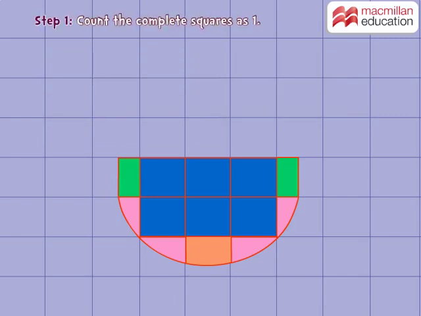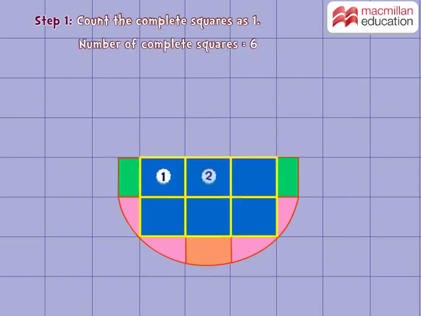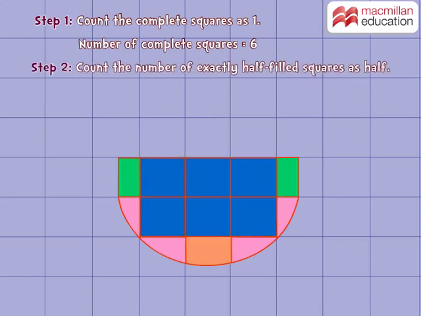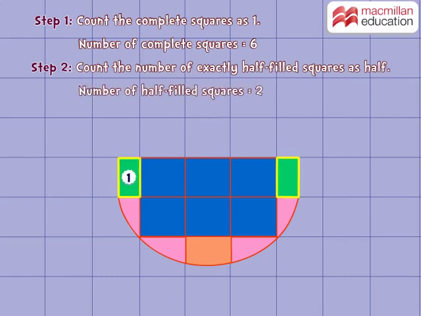In the first step, we count the number of shaded portions that occupy the complete square, and there are 6 such squares. In the second step, we count the number of shaded portions that occupy exactly half-filled square, and we have 2 such squares.